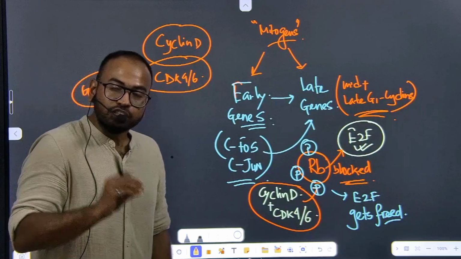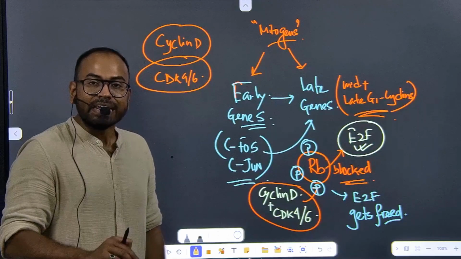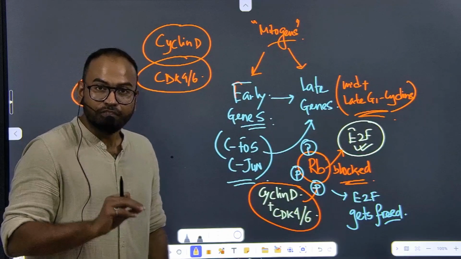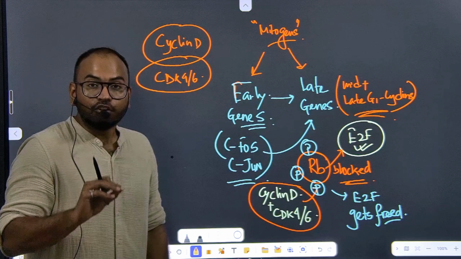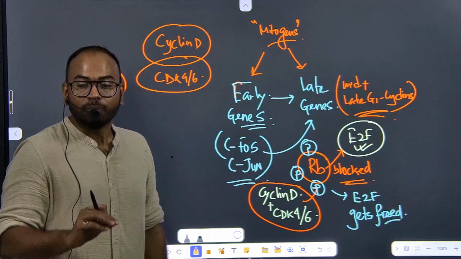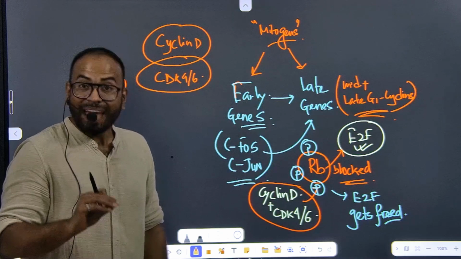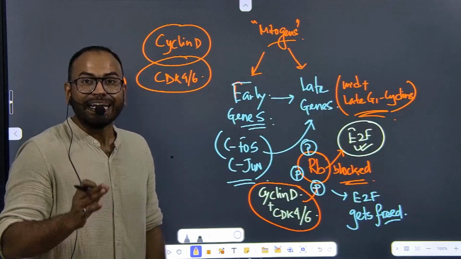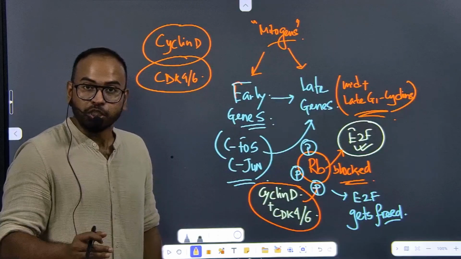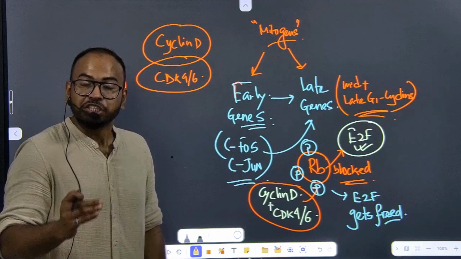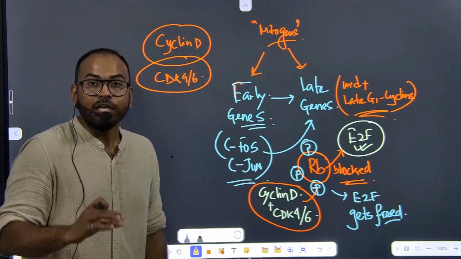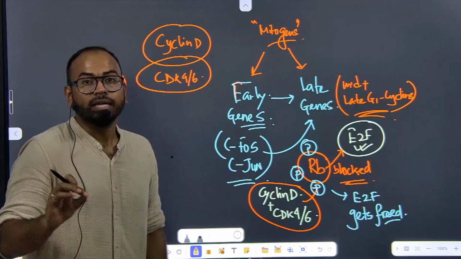By means of that, cyclin D and CDK4/6 get activated, which will phosphorylate the retinoblastoma protein. As a result, E2F will be freed, which can help the transcription of late G1 cyclins and prepare the cell to enter the S phase.